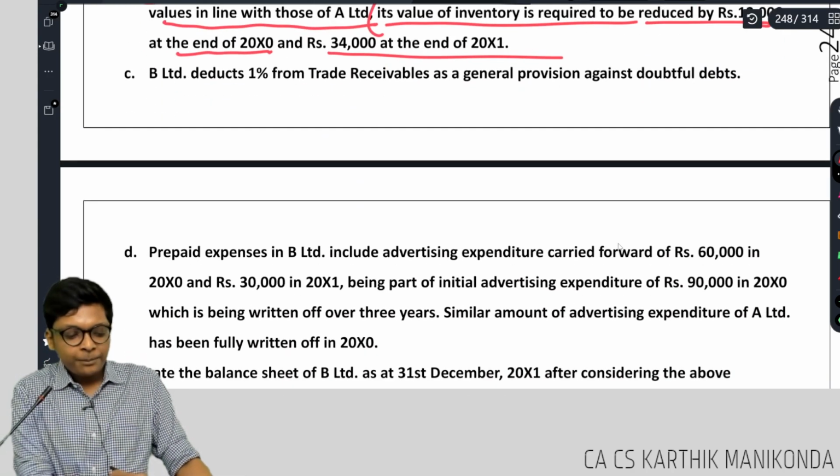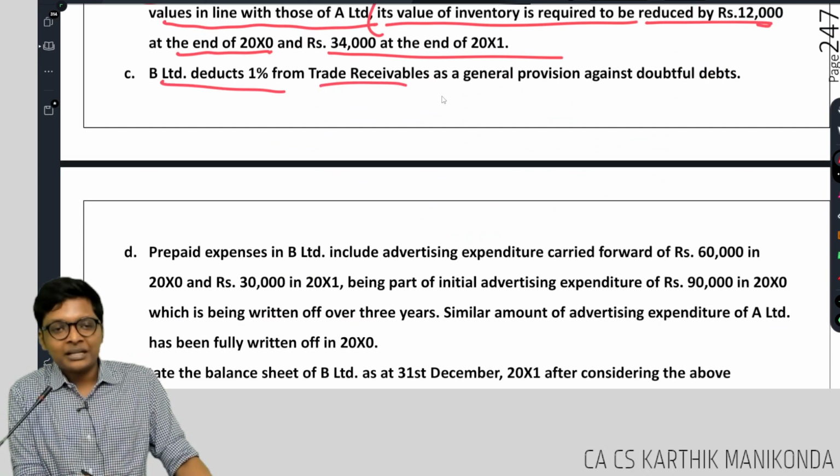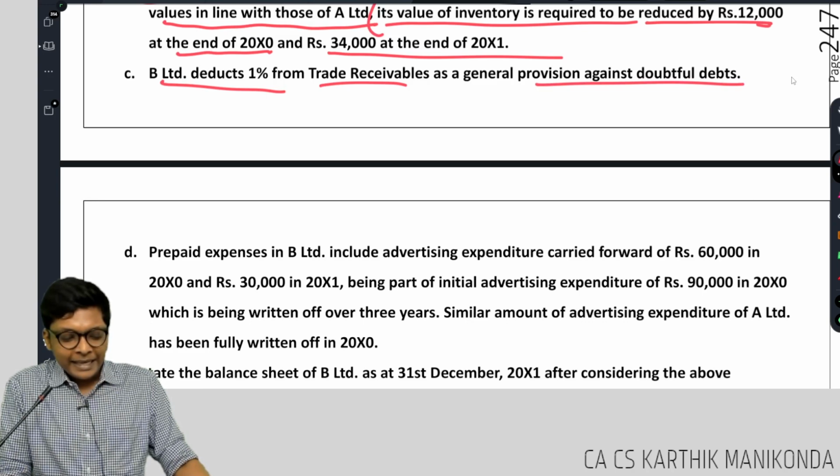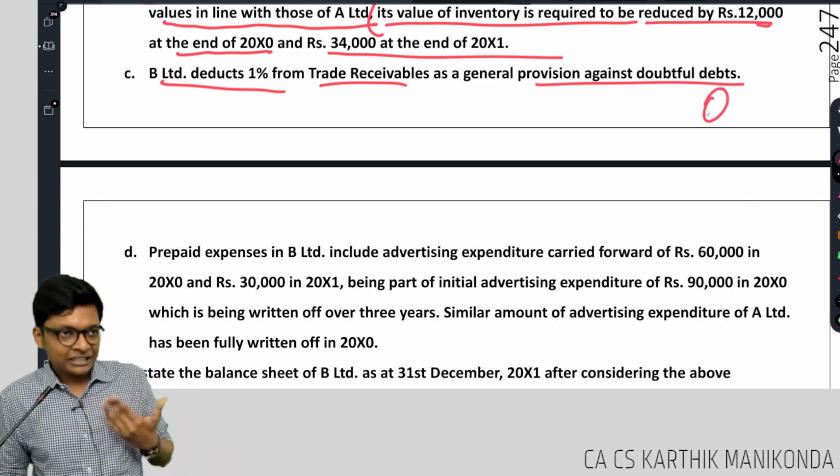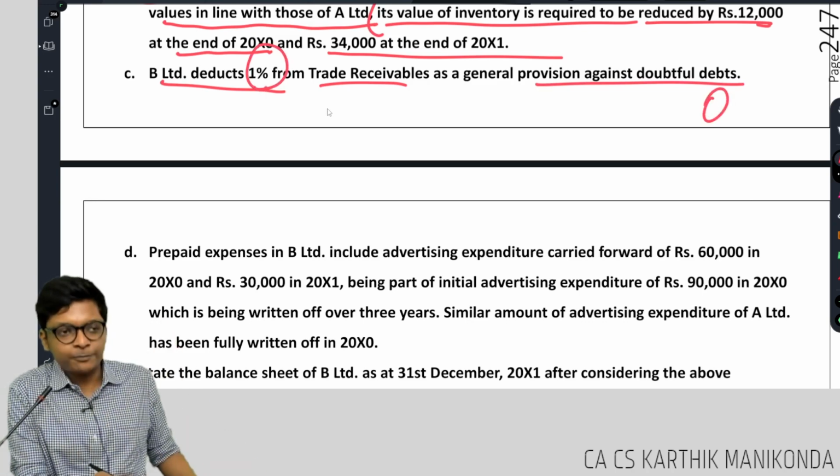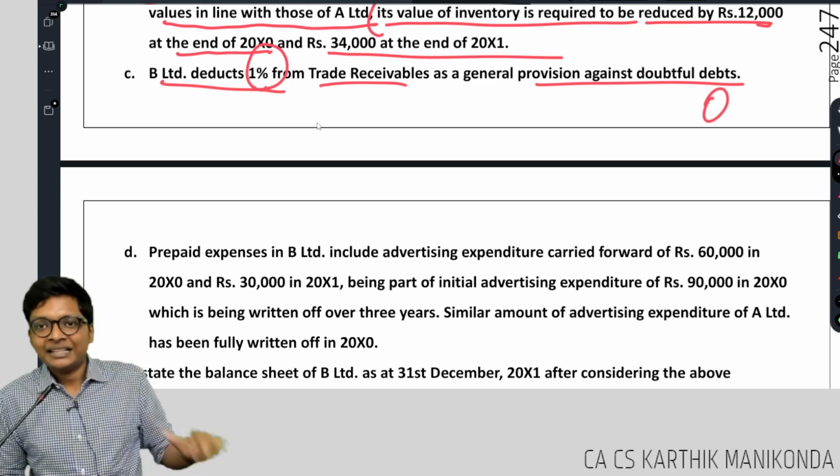Second, B Limited reduces 1% from trade receivables as general provision. A Limited reduces nothing. That's the meaning. If B Limited is reducing 1% as provision, A Limited is providing 0 provision.